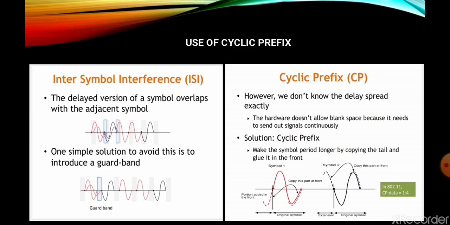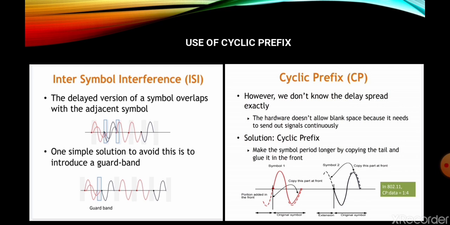As I told you, the cyclic prefix is added to reduce intersymbol interference. You can see the delayed version of the symbol overlaps with the adjacent symbol. That is, intersymbol interference is when a signal is delayed and interferes with the spectra of the other one.